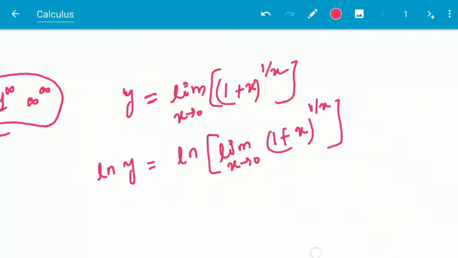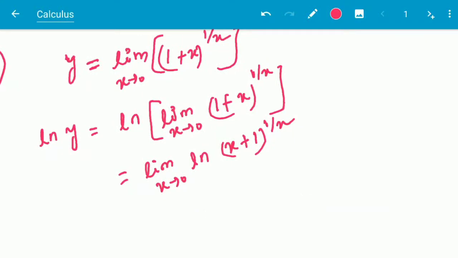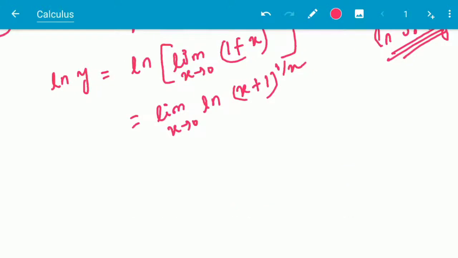Then this will be limit x tends to 0 of ln (x plus 1) whole to the power 1 by x. Why is this occurring? Because ln or log are both continuous functions. So in the case of ln or log, the limit can be taken out of the function.